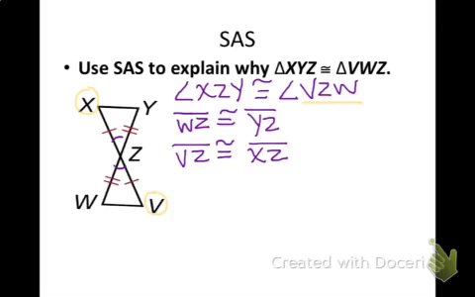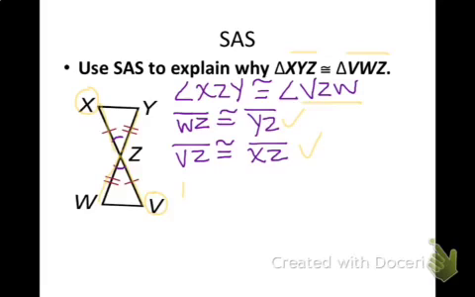So WZ, here to here, we know that is congruent to YZ. And I'm putting in that order because of the way that our triangle is listed. Okay? So that's how I got this second statement here. And then we also know that VZ is congruent to XZ. So I've got my side, my angle, and my side that are congruent to one another in that order.